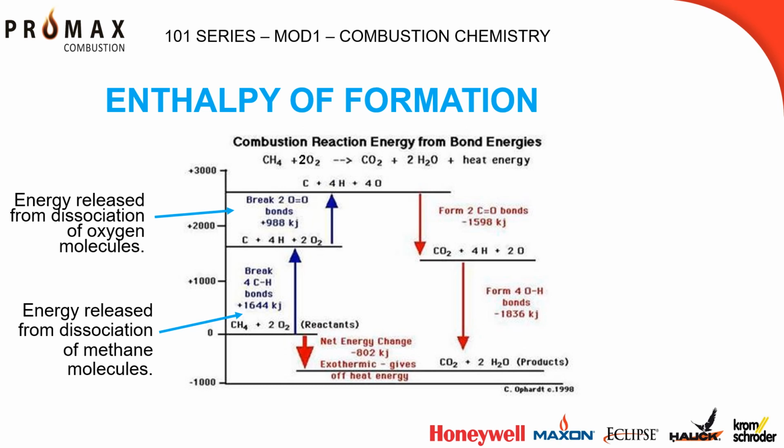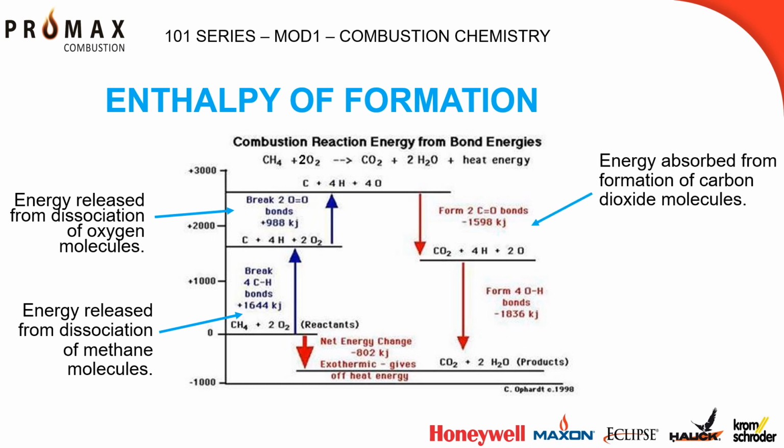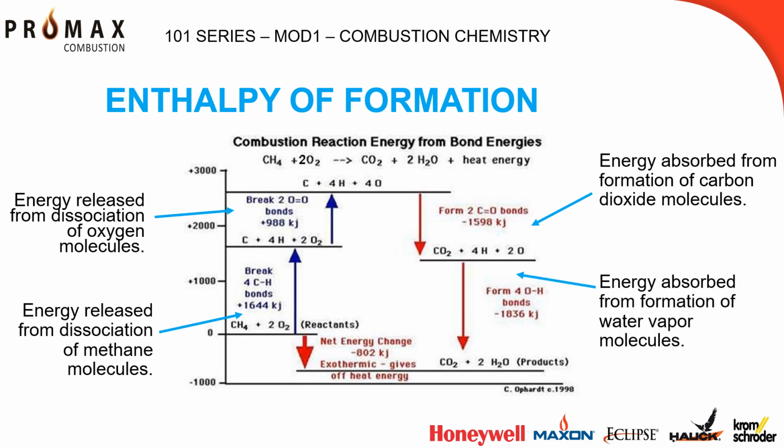When the methane and oxygen molecules are dissociated by the combustion process, energy is released. Because of the now readily available energy, the combustion products form into a new set of molecules. Carbon dioxide forms new carbon-oxygen bonds, and water vapor forms new hydrogen-oxygen bonds.